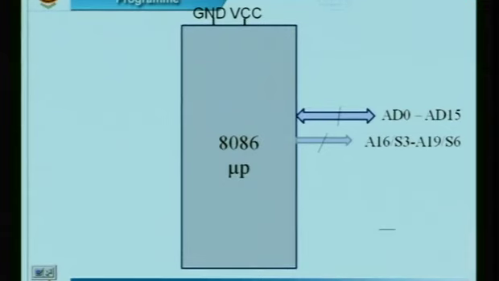We have other lines called A16 to A19, which are multiplexed with status signals S3 to S6. So, all the lines A0 to A19, that is 20 address lines, are multiplexed with the data lines D0 to D15 and S3 to S6.